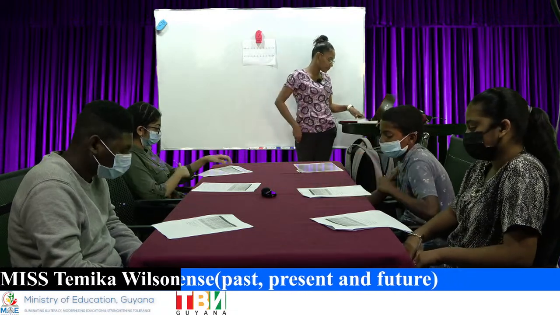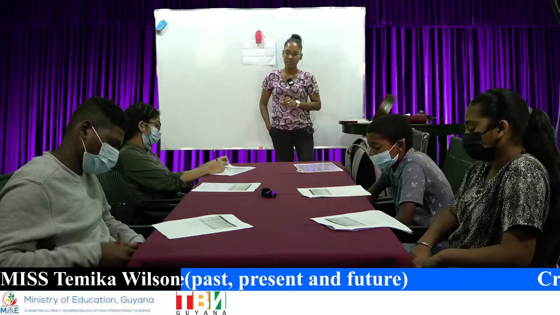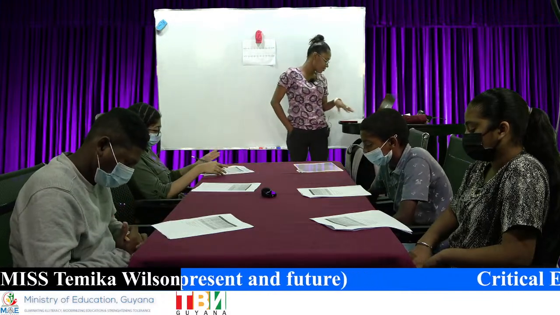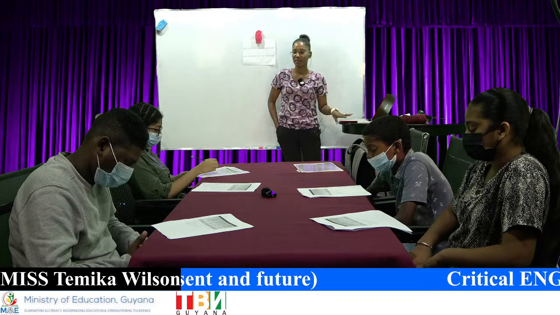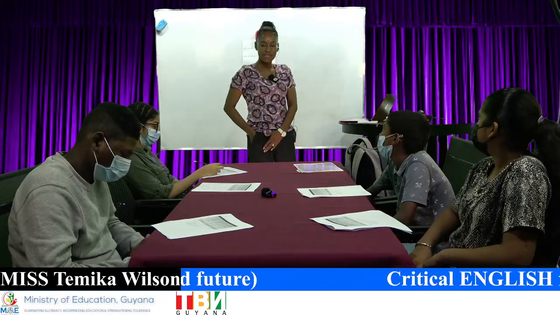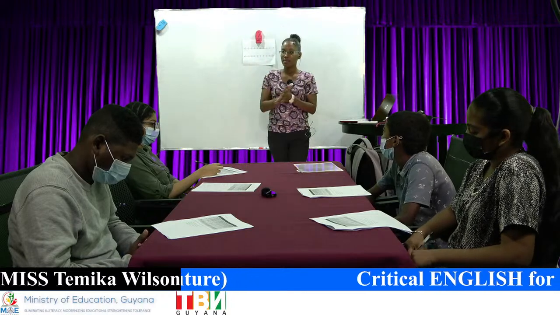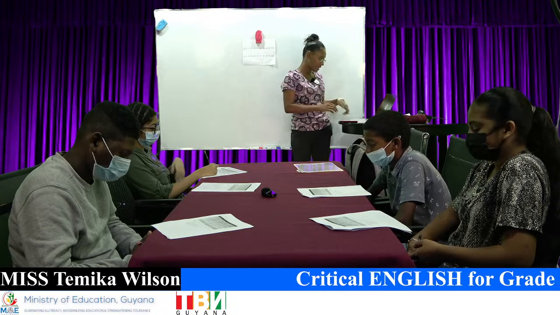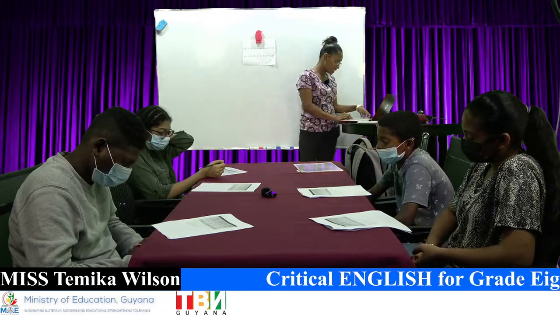Moving on quickly. This one is easy and nobody should get this one wrong. Anna visits the town center every weekend. Shout out the answer. Visits. Yes, visits. What tense? Simple present tense.